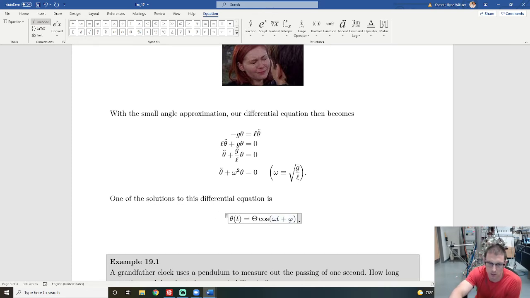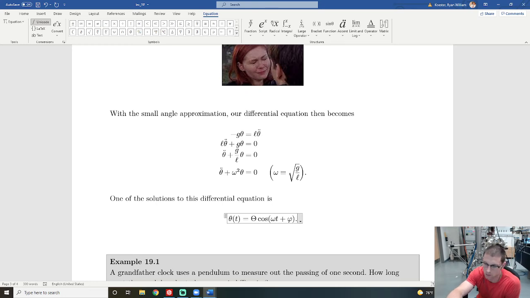Now, I'm not going to differentiate this twice and then plug it into the original equation, but you should give it a try and make sure that it satisfies it. But maybe you can already see that it will, because when you differentiate this twice, it's going to turn into a sine, and then it's going to turn back into a cosine. But it's going to pick up a negative sign, and also a factor of omega squared.